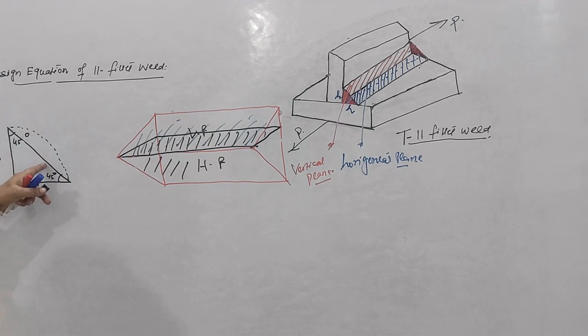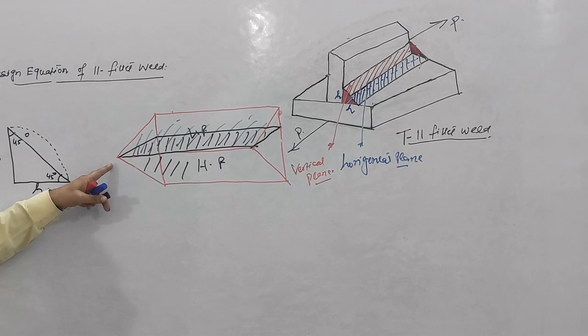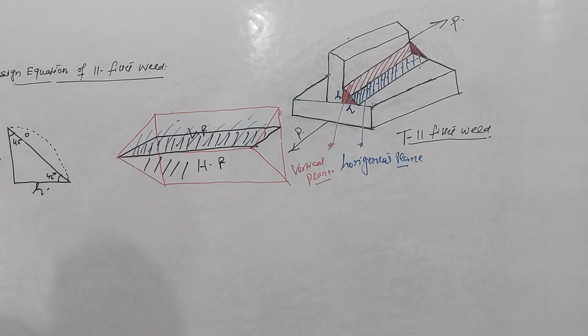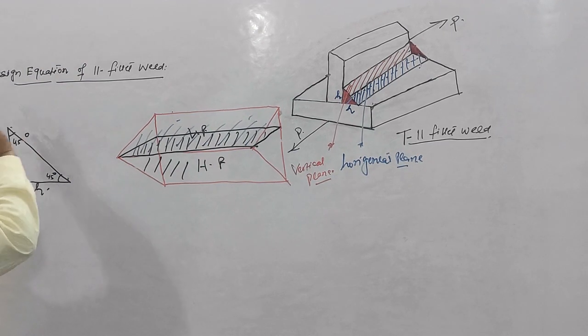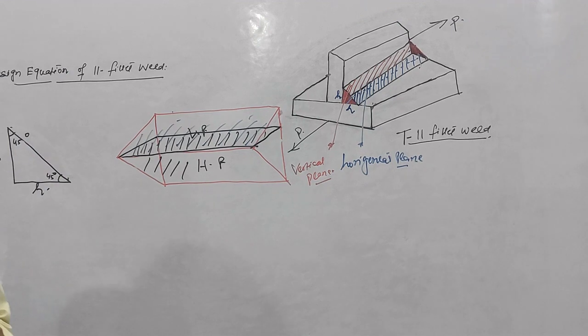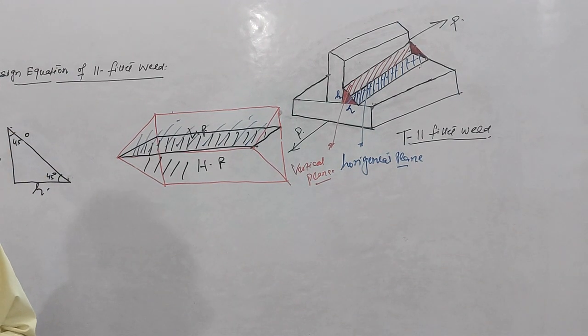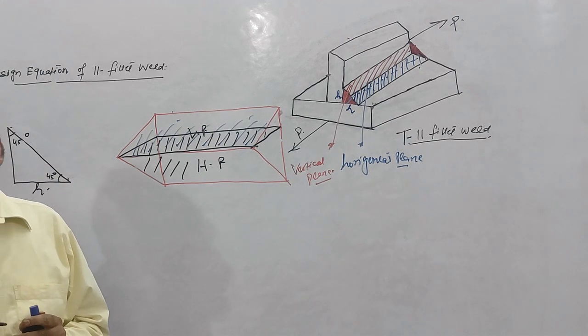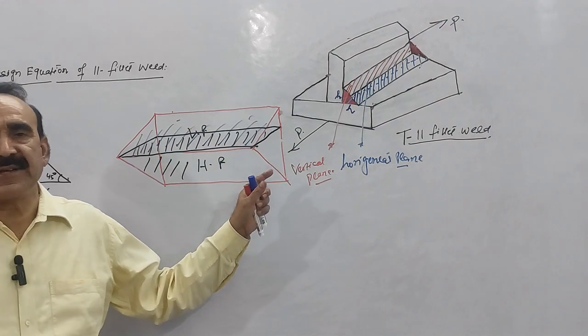So mathematically we just assume that our weld is a right angle triangle. We assume that our weld is the right angle triangle. So this is the concept.